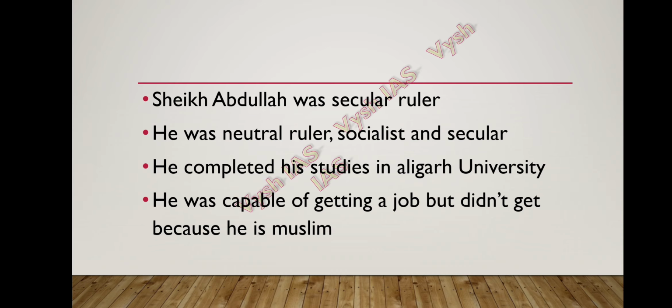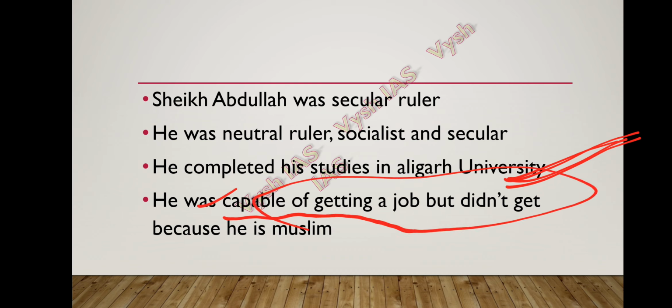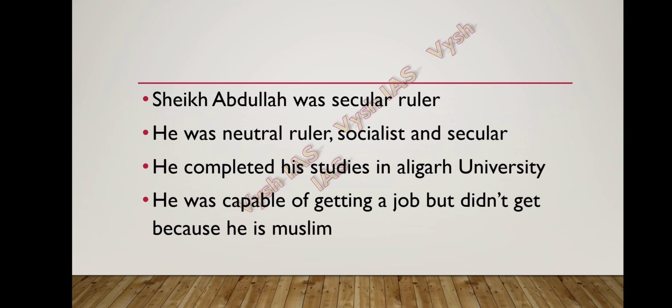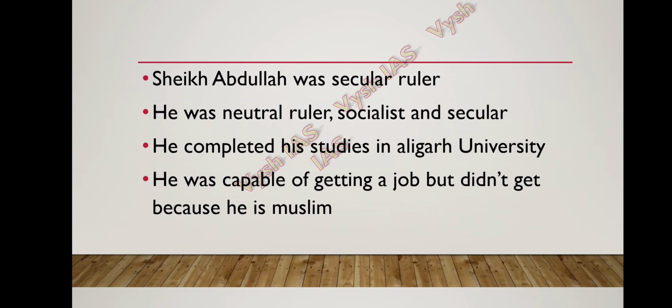In spite of studying at such a university with very high grades, he was not getting any job. He was very capable, but he did not get a job because he was Muslim, and as I told you, Maharaja Hari Singh did not allow Muslims to get jobs.